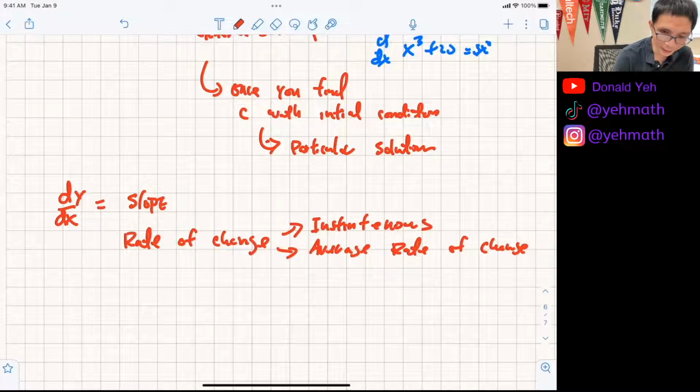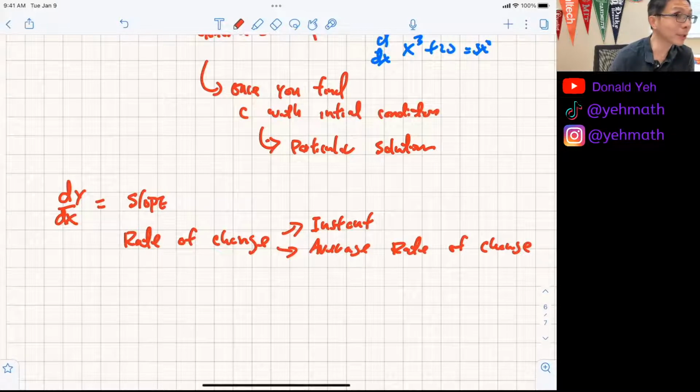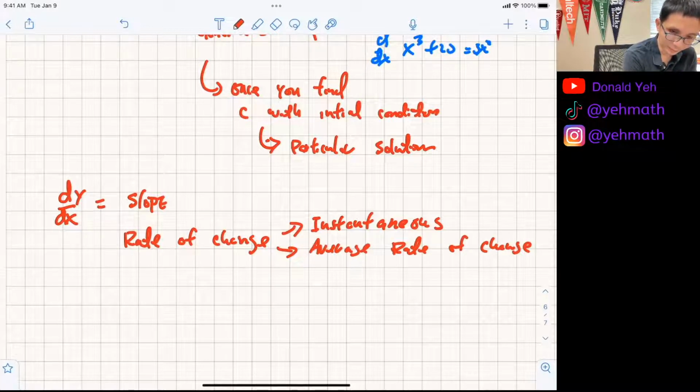I don't know if I spelled it right, but whatever. I don't know how to spell instantaneous. I don't know if my muscle memory is right. Okay, does somebody know how to spell it? Can you please tell me? Instant... and I think it's A-N-E. Yeah. Oh my god, that's literally what I wrote.